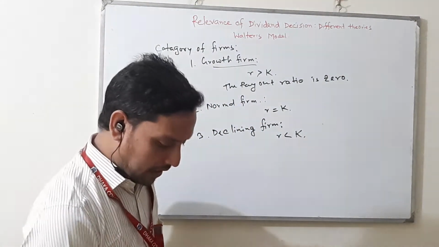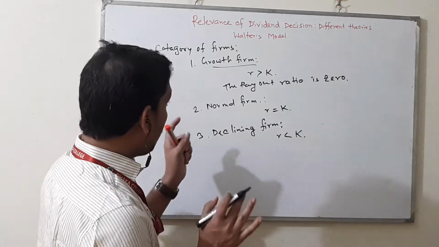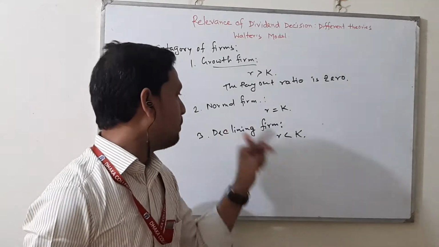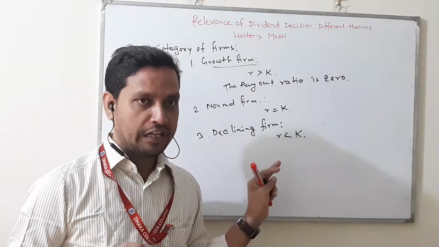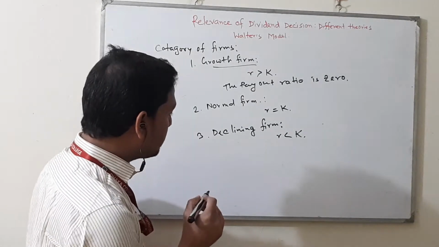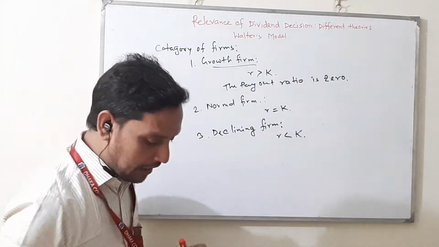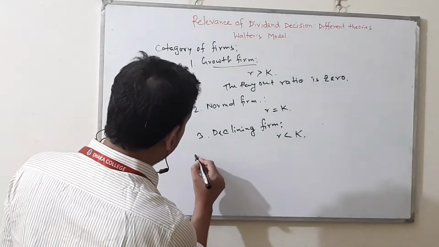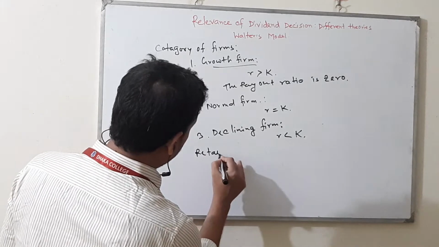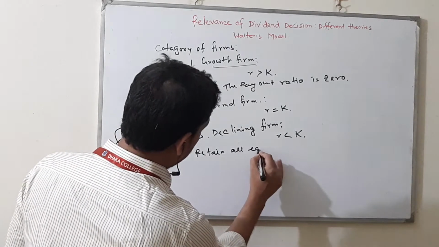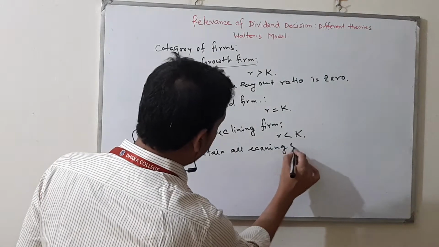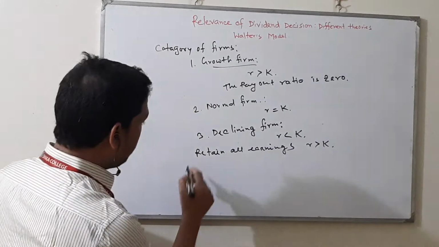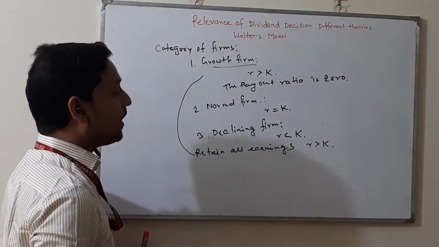Okay, dear students, I think all of you have learned what a growth firm, a normal firm, and a declining firm are. So in a nutshell, in a growth firm, R is greater than K, so retain all earnings.